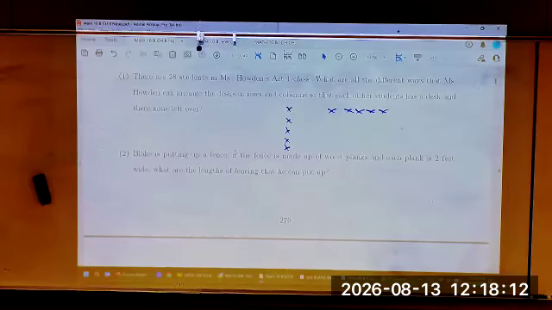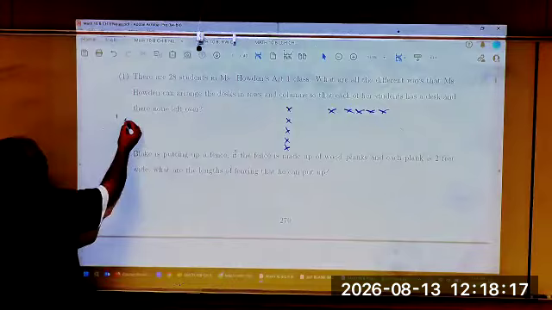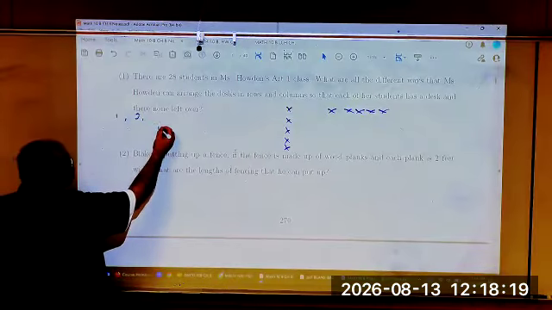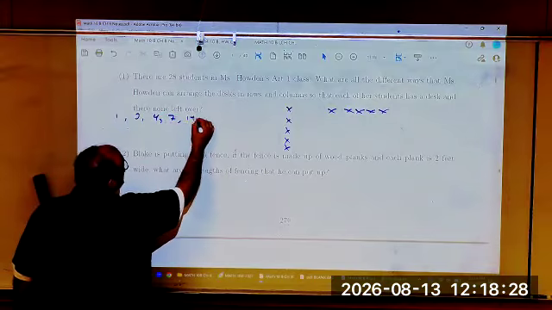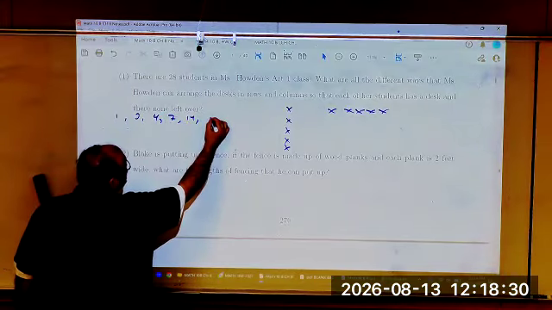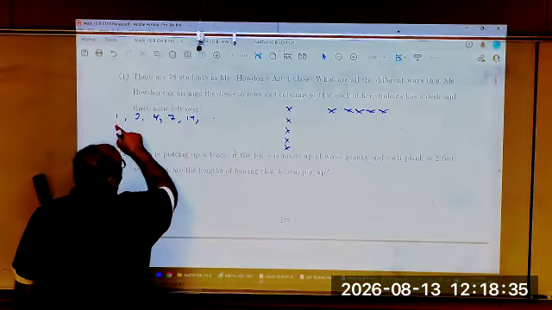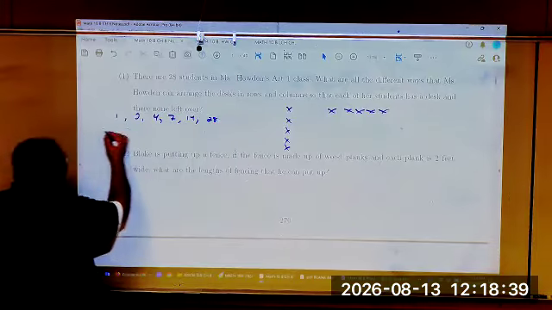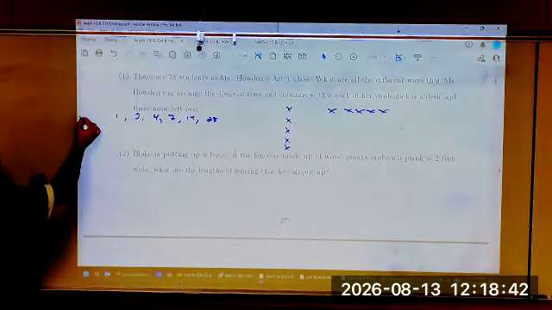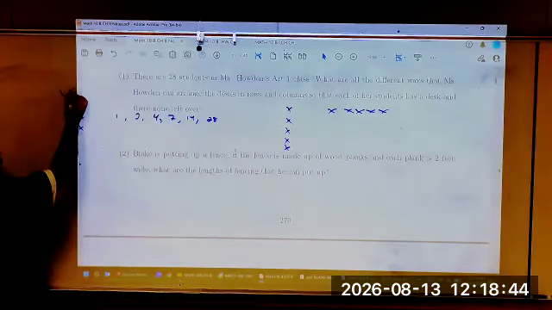But if it's 28, what number goes into 28? 1, 2, what else? 4, 7, and 14, and 28. So you could do a 1 by 28.